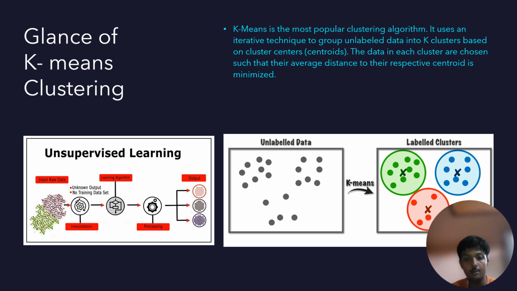That is how we come to the K-means problem: the output is unknown, and there is no training data set at all. In supervised learning we have labeled data, so we can figure it out. After that, the learning algorithm learns, and K-means follows certain ways to calculate the labels, that is, to form the data set.